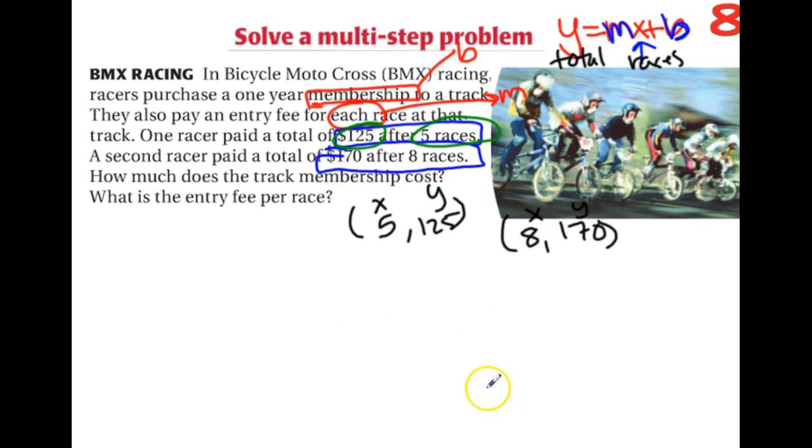We can use this information, just like we've been doing all day, to find our slope. Our slope is y2 minus y1 over x2 minus x1. So let's plug that in.